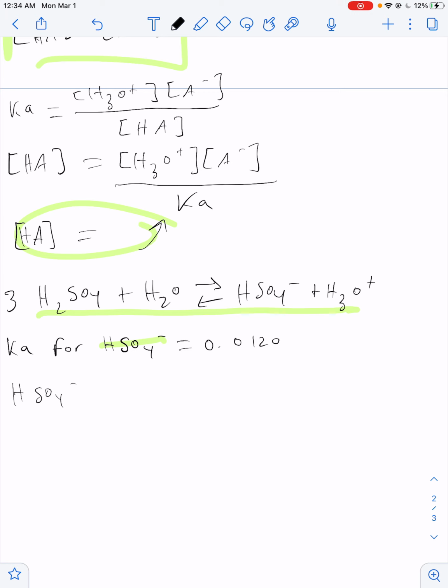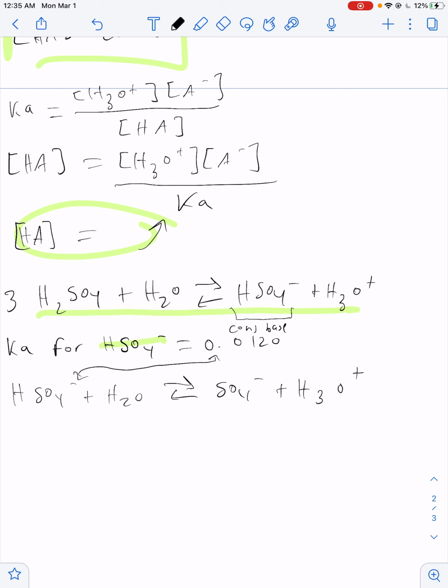Actually, I do have HSO4 minus here, but it's acting as the conjugate base, so I need to write a new equation where it's acting as the acid. Now in this equation, I can use this Ka because HSO4 minus is acting as an acid.